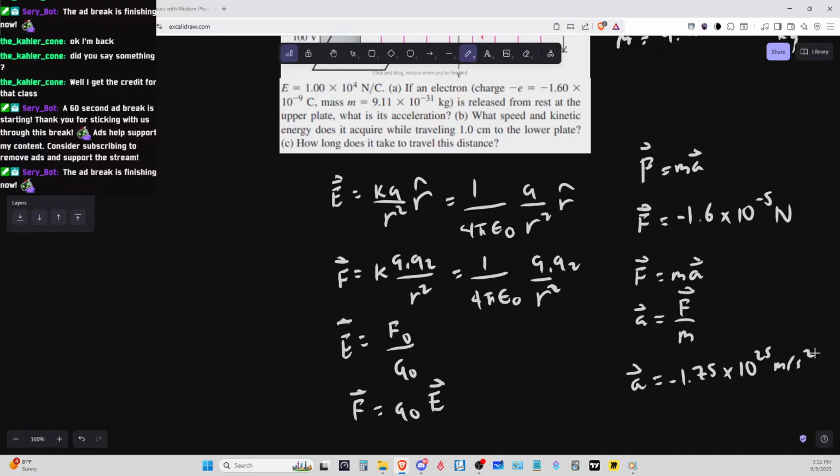I think we have to make it positive, because it is negative, so you have to multiply it. So I think it's supposed to be a positive number. But we can definitely check it, because I feel like that's the right approach, since they wouldn't have given you the mass and stuff otherwise.